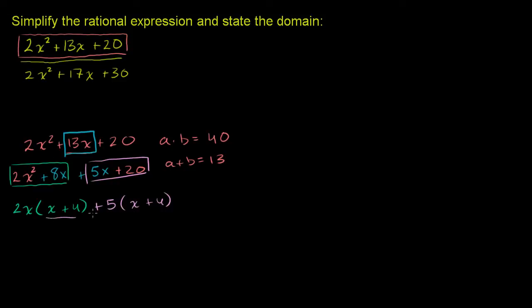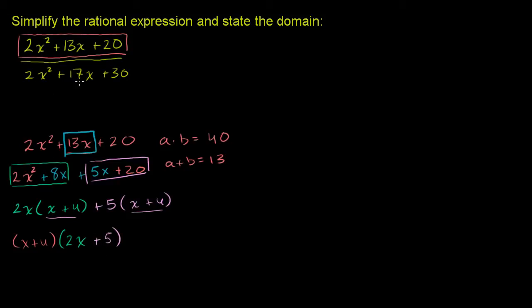We have an x plus 4 in both cases, so we can factor that out and undistribute it. This will be x plus 4 times 2x plus 5. We factored the numerator expression.